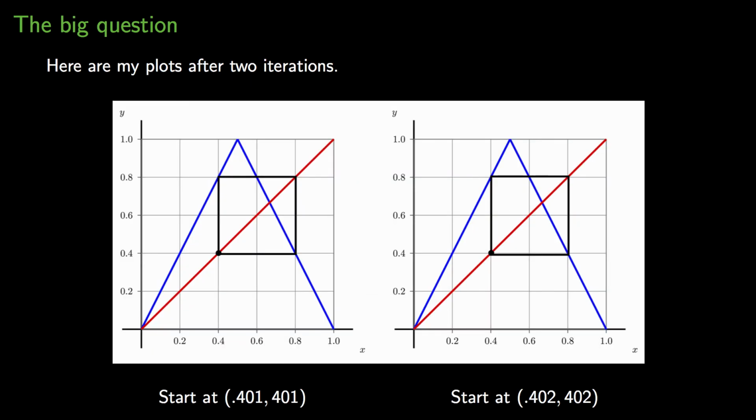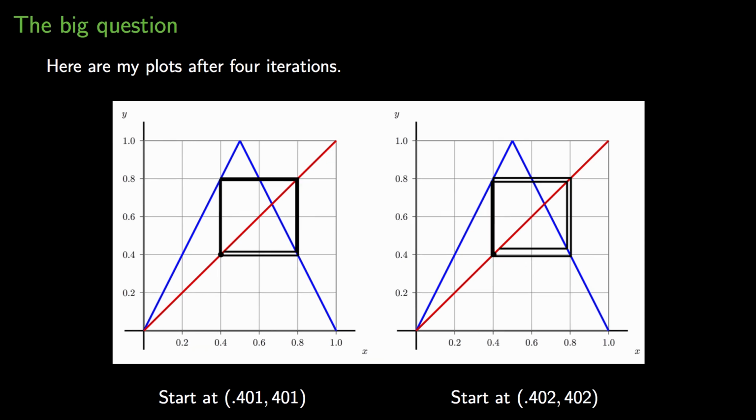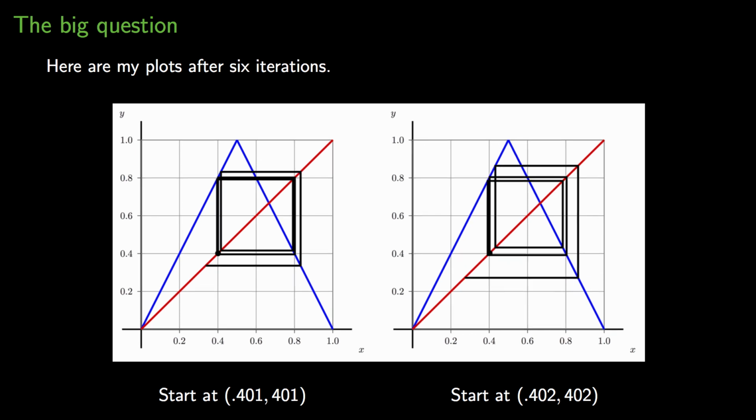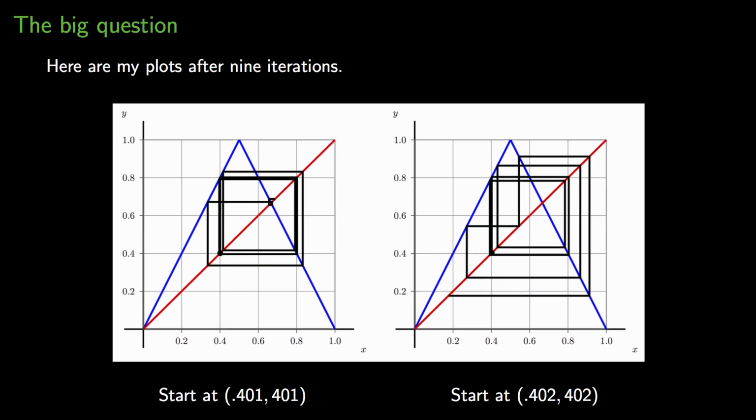In fact, with 2 iterations of the cobweb plot process, I can see a little bit of a difference in the cobweb plots, but not a very big difference at all. And here's 4 iterations of the cobweb plots, 6 iterations, 9 iterations. At this point, the points are nowhere near each other.